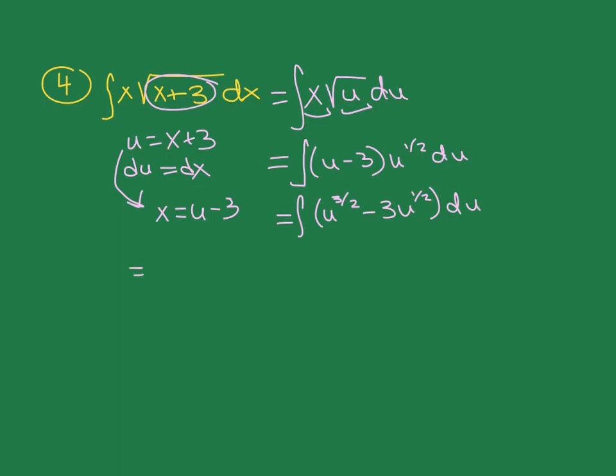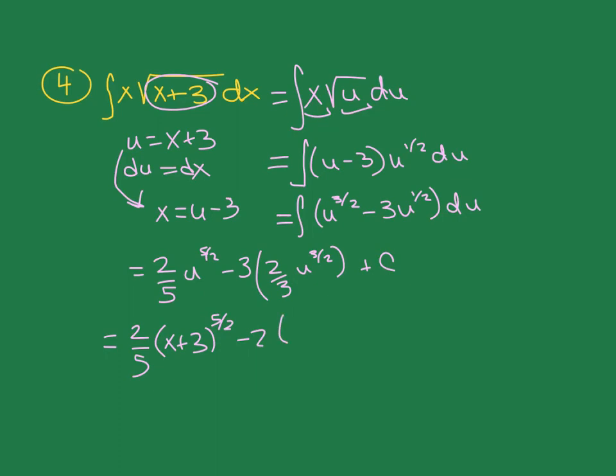When you do that, you end up getting 2/5 u to the 5/2 minus 3 times 2/3 u to the 3/2 plus c. So then we can go ahead and plug x plus 3 back in for u.